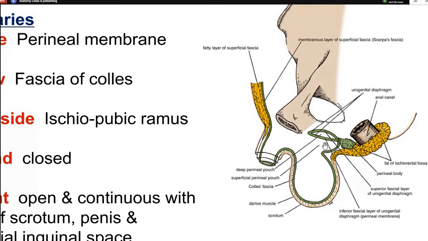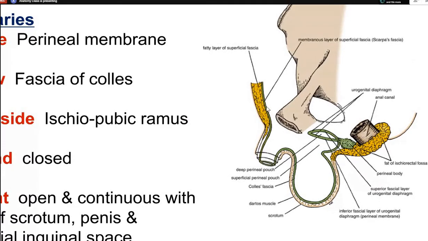As this space is open anteriorly, the urine will also pass into the scrotum. It will also pass into the space of the penis, and it will also pass into the space present in the anterior abdominal wall, because this space has a relation with the superficial perineal pouch. That's why you have to understand this one.